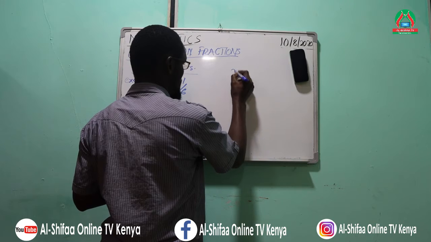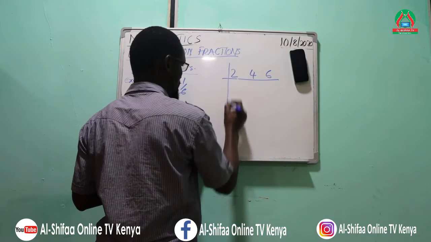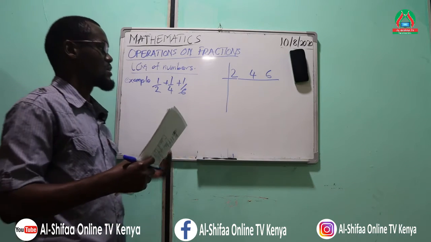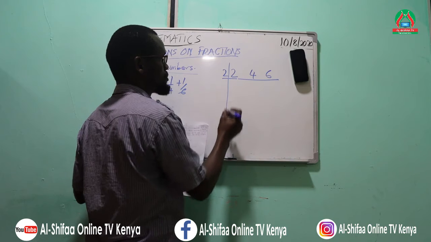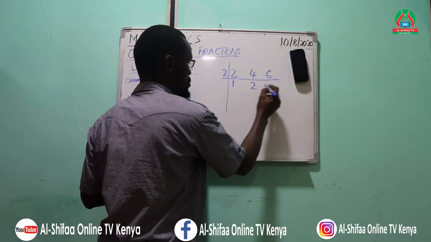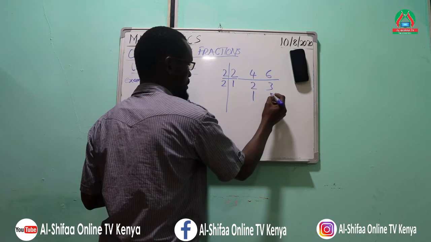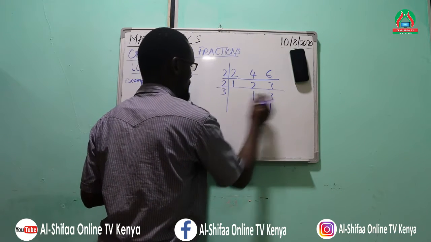In finding the LCM, we put the numbers in this form. Then we ask ourselves, which number can divide through the factors? First we have 2: here we'll have 1, 2, and 3. We have 2 again, we'll have 1, and here 3, and we'll have 3, and here 1.